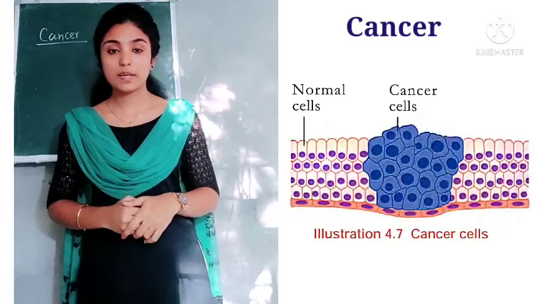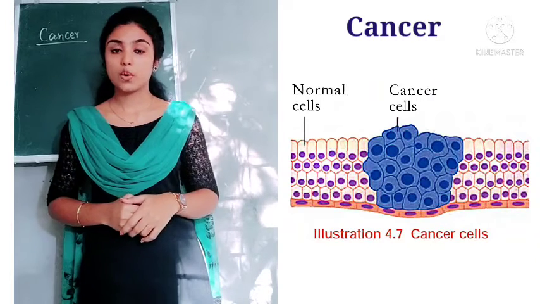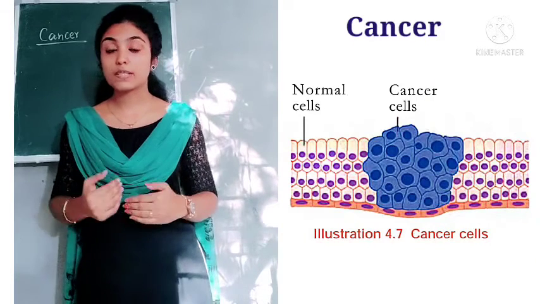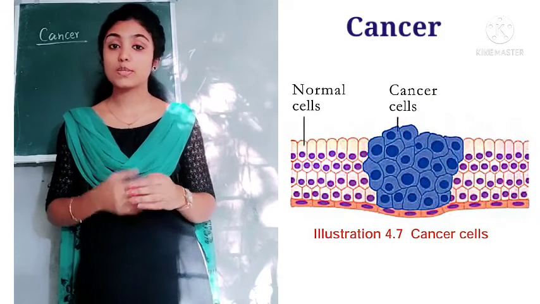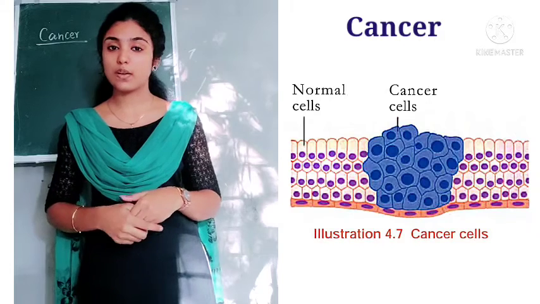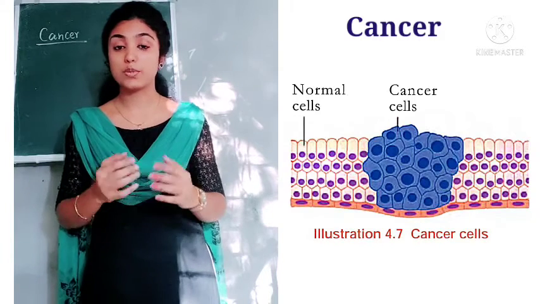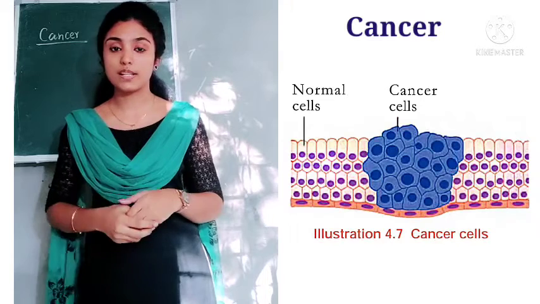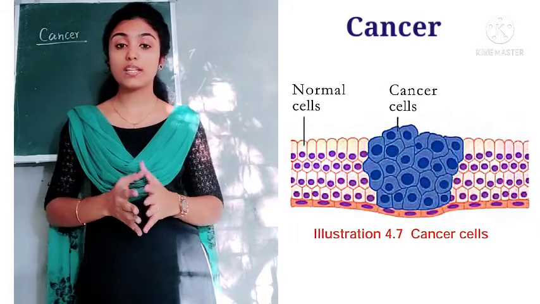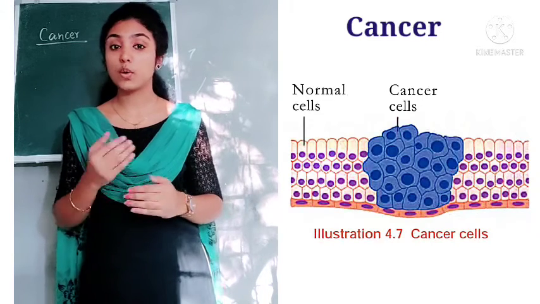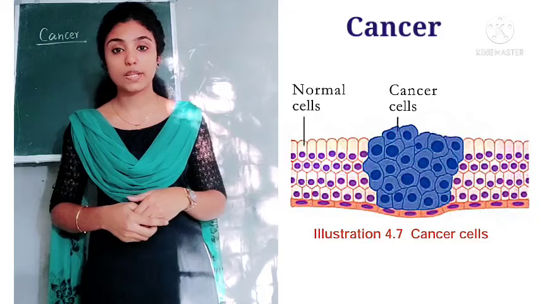Now we shall discuss cancer. We know that our body is made up of cells, and there is cell division in our body, and our body has a controlling system to limit the division of cells. If there is no limit, what happens? We will grow just like plants and trees, isn't it?